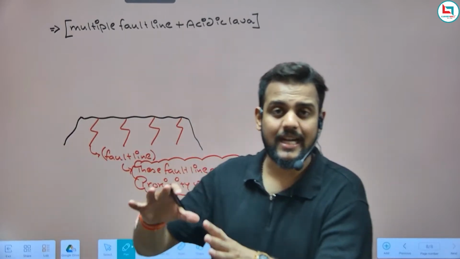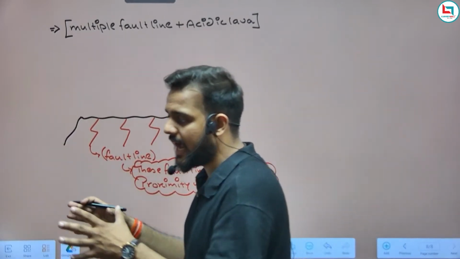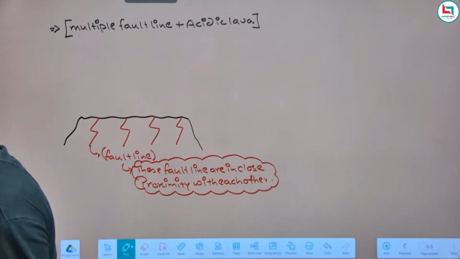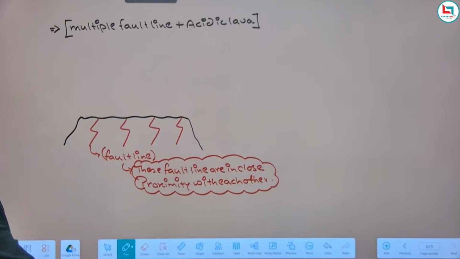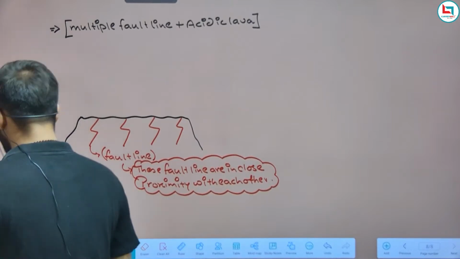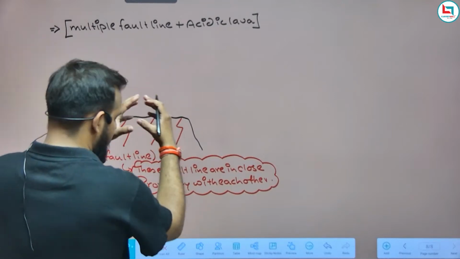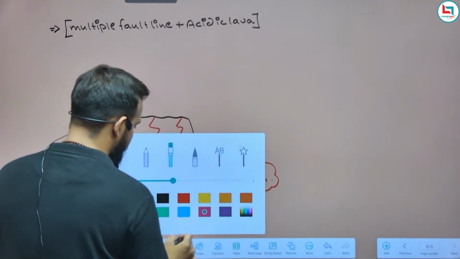So when acidic lava will upsurge, then that particular acidic lava will get combined with each other. So what will be the case?